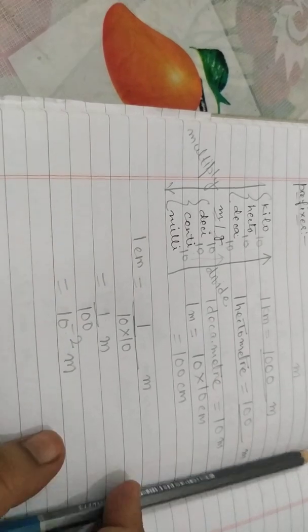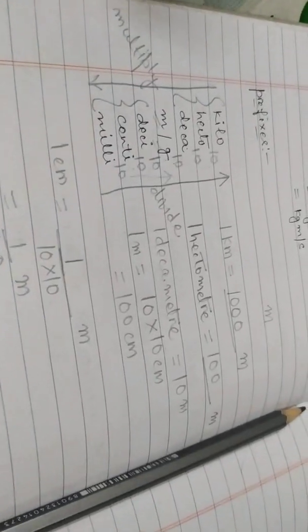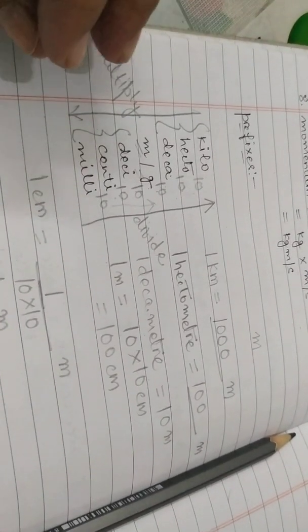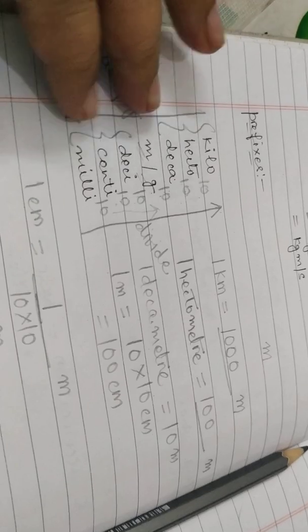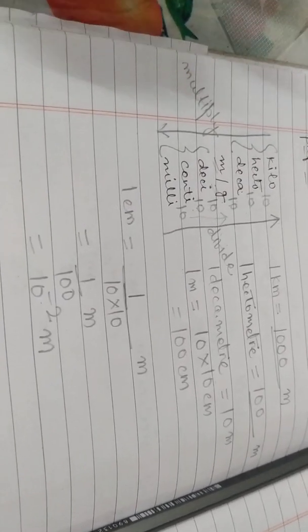In this way, these prefixes are added to measure smaller quantities or larger quantities. But not only these prefixes are there. There are so many prefixes, and they are given in your book.